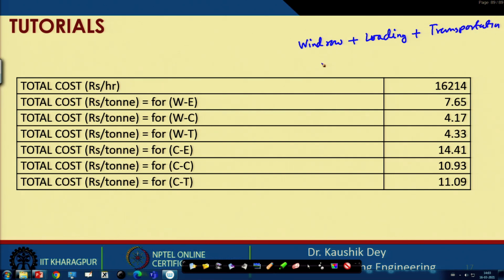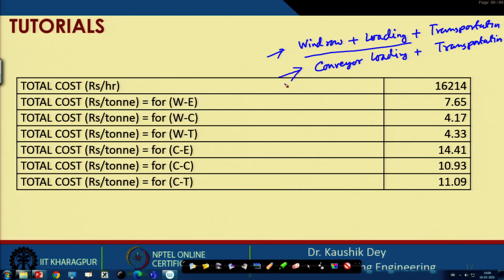or he has to consider conveyor loading plus transportation. So, if the transportation cost is same for this one, basically windrowing plus loading, and you have to compare between the windrowing and loading and with the conveyor loading.